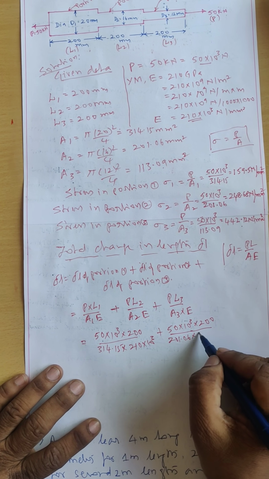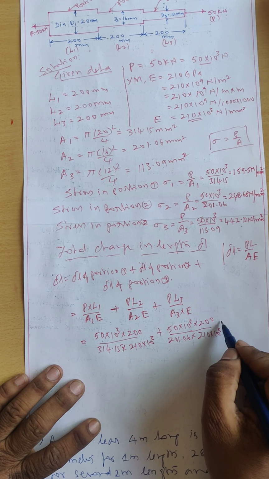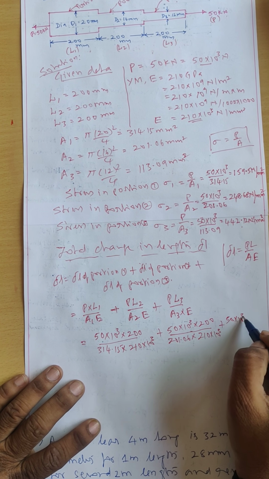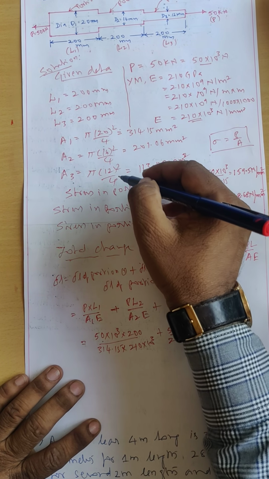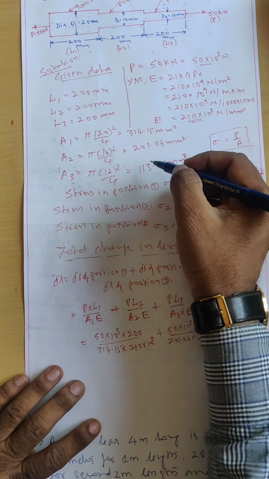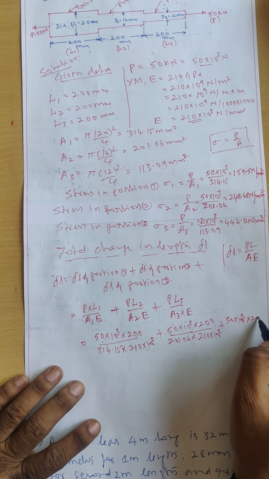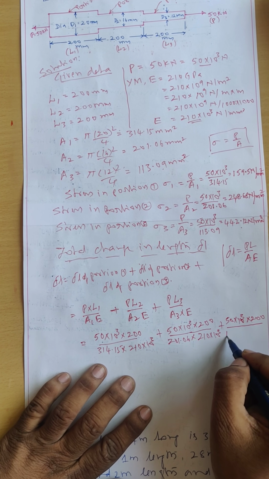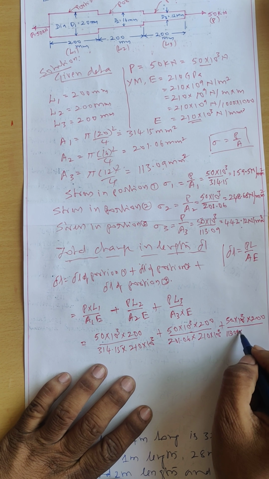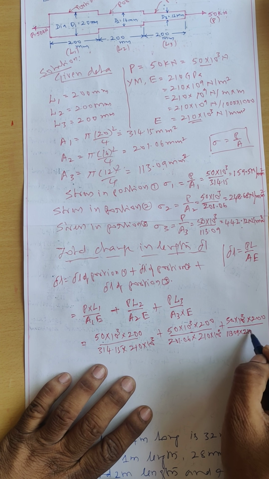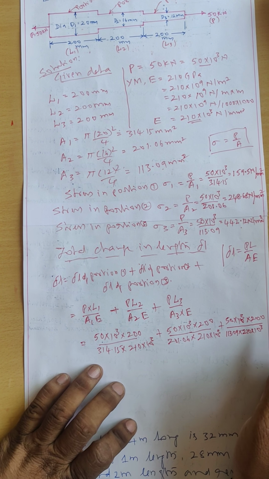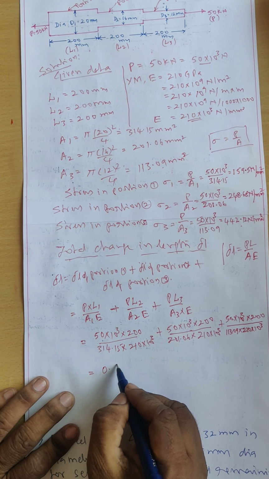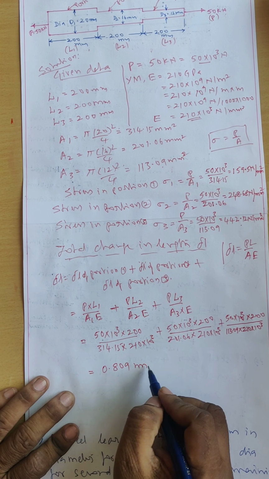E is 210 into 10 to the power 3, plus third one is P is 50, 10 to the power 3 into L3, L3 is 200, it is the same, 200 divided by A3 is 113.09 into 210 into 10 to the power 3 E. If you calculate this, its total value comes nearly 0.809 mm.